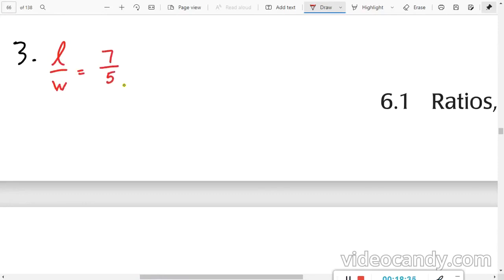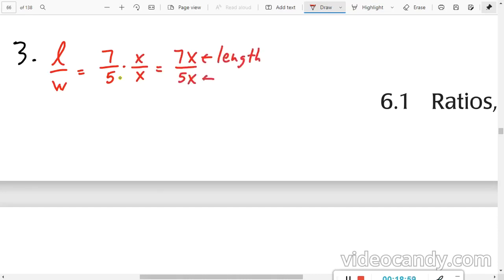Remember, we can multiply top and bottom by x without changing the actual ratio. So my length is going to be 7x and my width is going to be 5x.